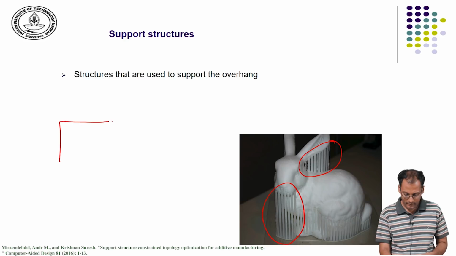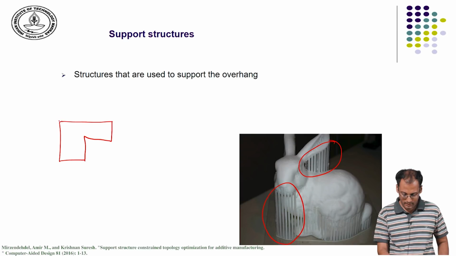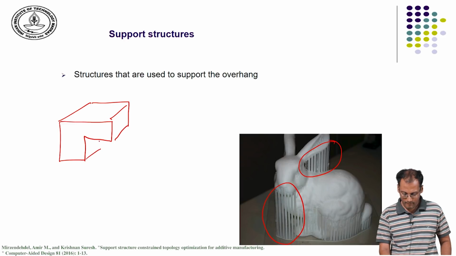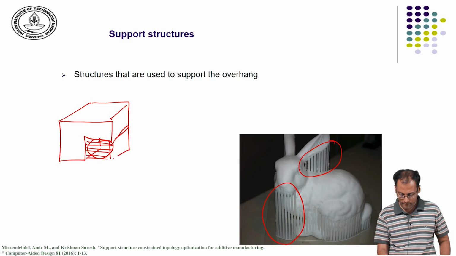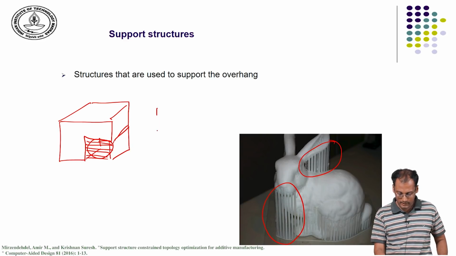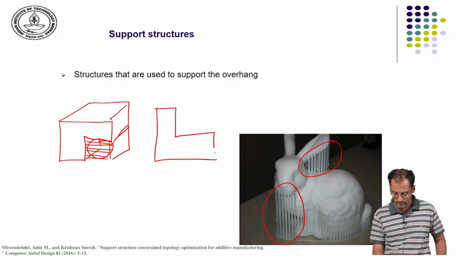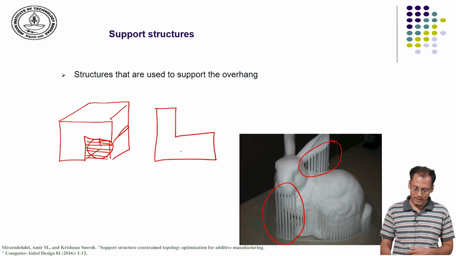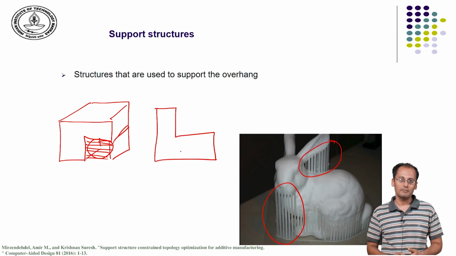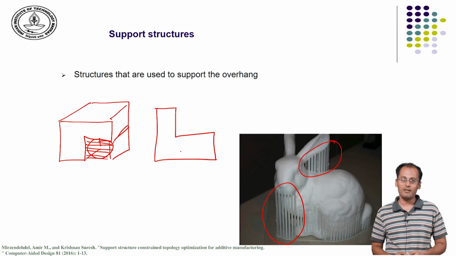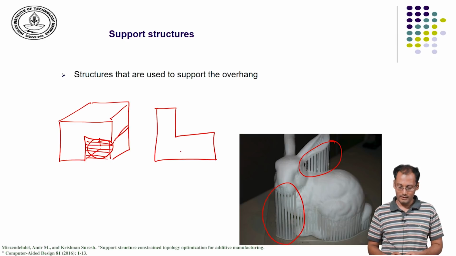If I take this example part, if I build the part in this orientation, so what I am trying to represent is this object, I need to provide support here, I need to build the support structure here, but if the same part is built with this orientation, I do not need to provide any support structure. So, part build orientation affects the build time, presence or absence of a support structure, and also the surface quality.